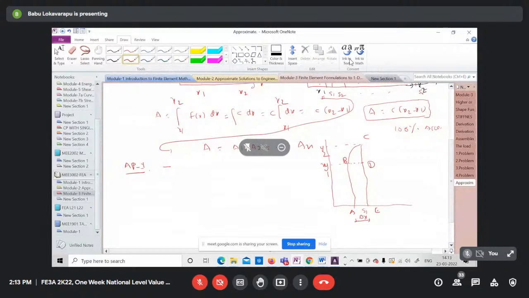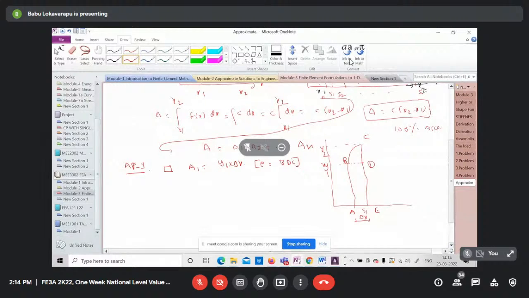This area is nothing but y1 into delta x. In this way, there is an error, the area B, D, C that you are leaving out. So the area of the first slice is not correct because the error is there. This is approach 1.